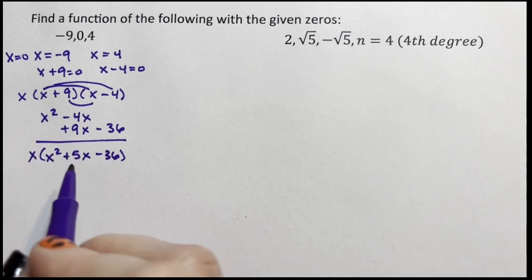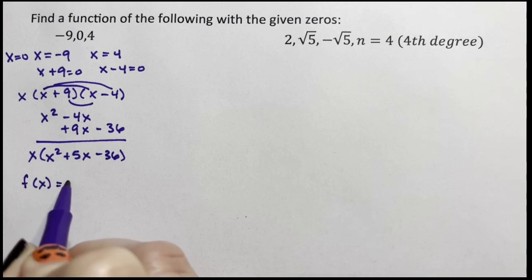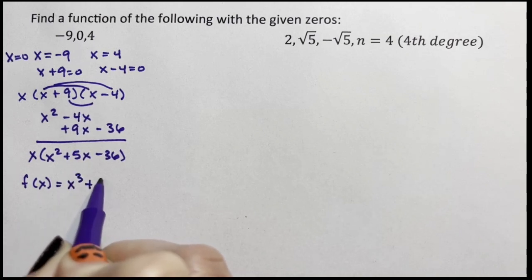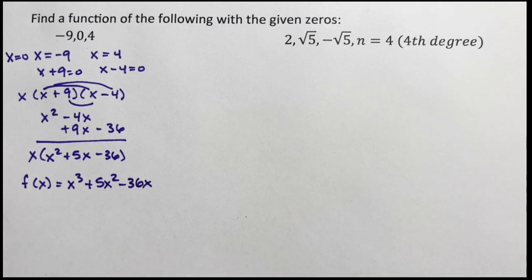And then I'm going to distribute that x in. So f of x equals x cubed plus 5x squared minus 36x. And we have our function. All right, that's not too bad. Multiplying two binomials, distributing an x, and we're done.